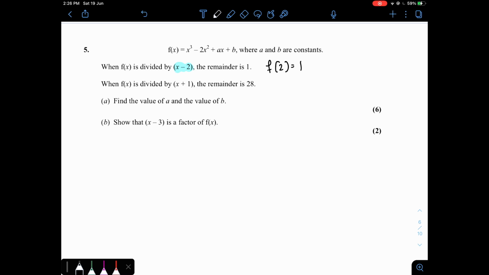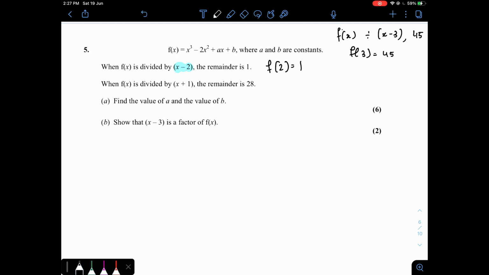Now it's very important, whenever they say that the function is divided by a linear expression, x minus 2 or x plus 2 or x plus 3, we know what to do. Let's say f of x is divided by x minus 3 and the remainder is, they tell you, 45. So f of 3 has to equal 45. That's how it works.